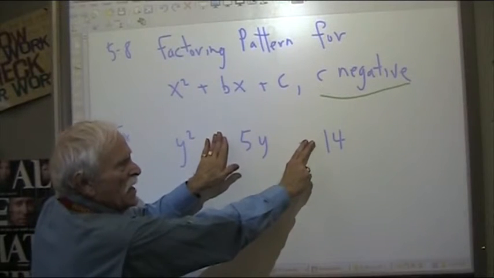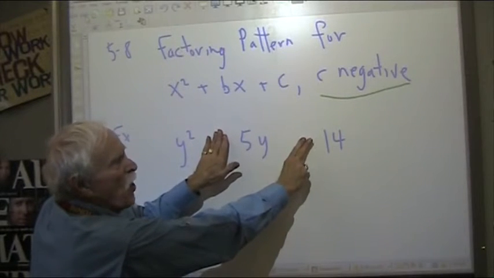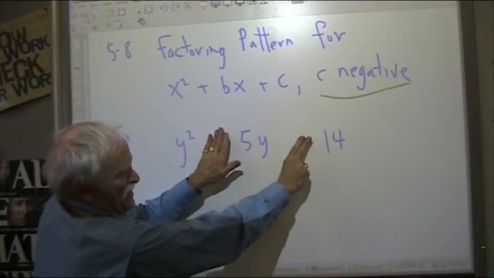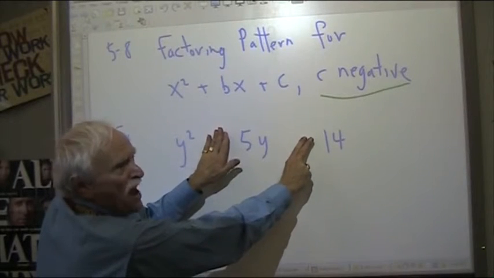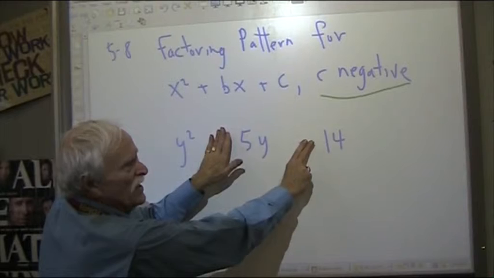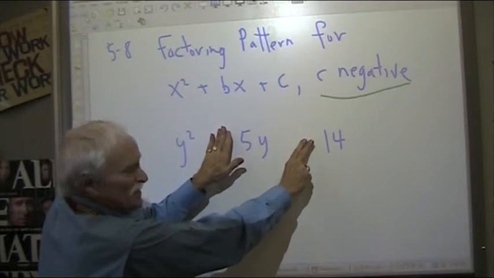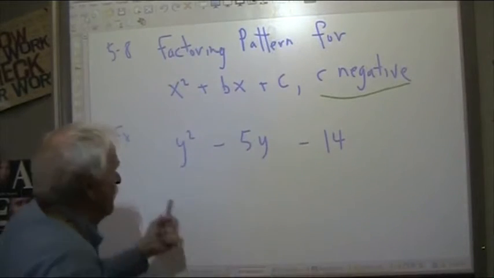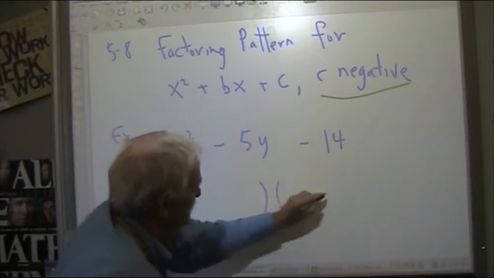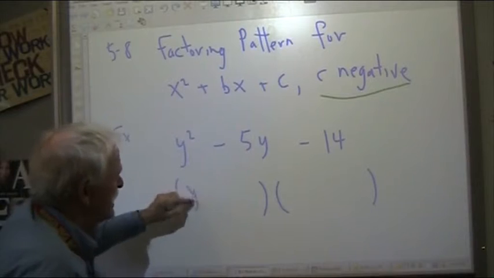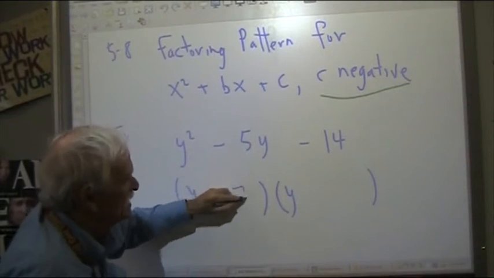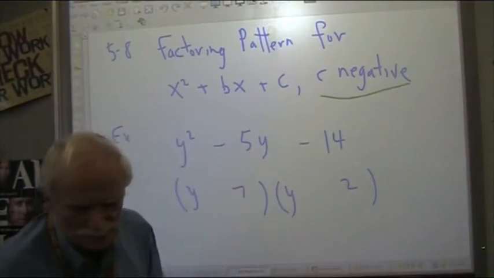And then we say we are seeking factors of the number 14 that subtract to 5. And what might those be? 7 and 2. Okay? So I boldly put my parentheses. I put my y's in, and I put in 7 and 2.